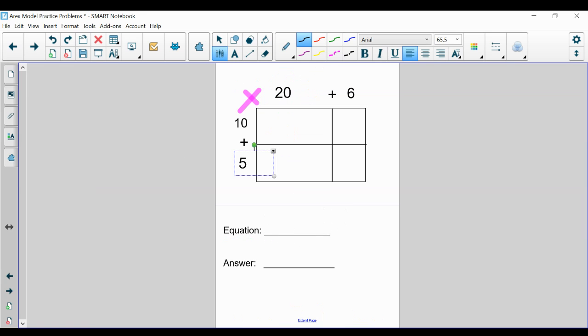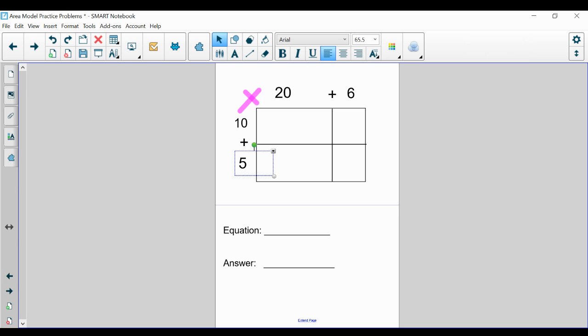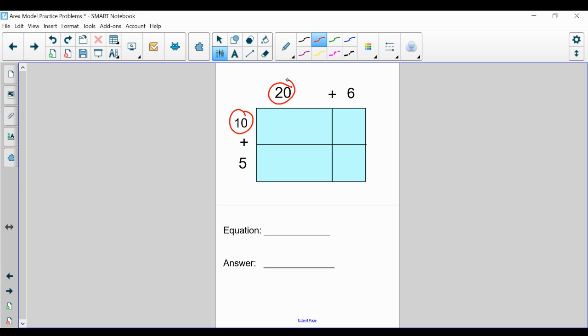Last one. Again, we're multiplying. We're multiplying all these numbers together to get our area inside the box here, okay? So, again, we're going to color code 10 times 20 and put it inside the box there, okay? Which equals 200.